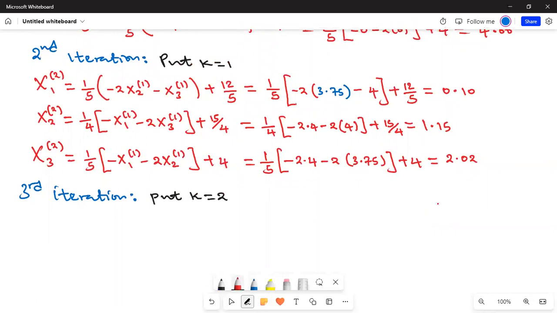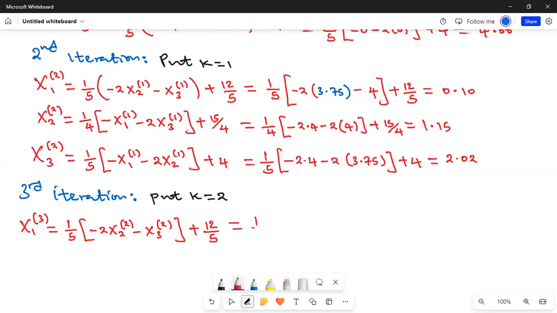Now the first equation is x1 at level 3 is equals to 1 over 5 negative 2x2 at level 2 minus x3 at level 2 plus 12 over 5.